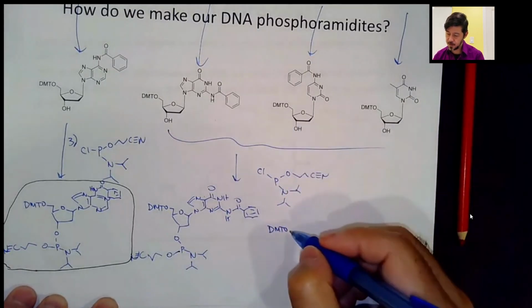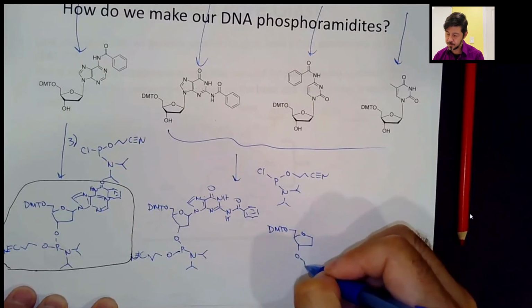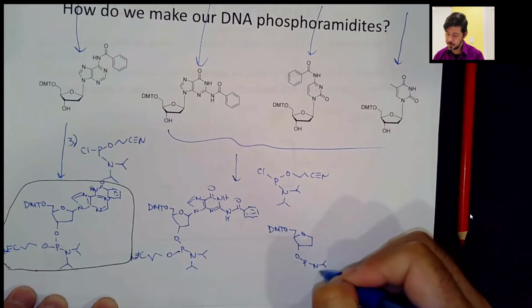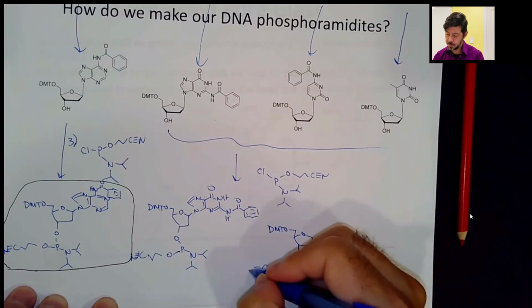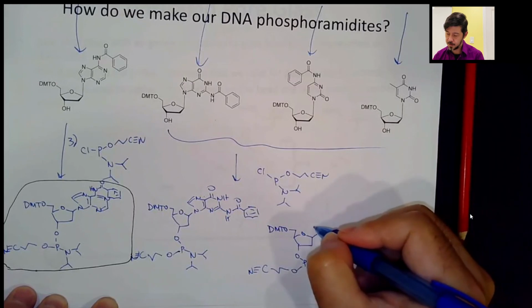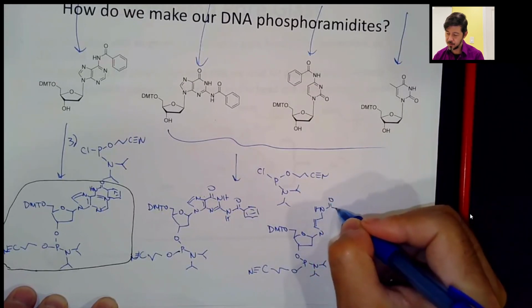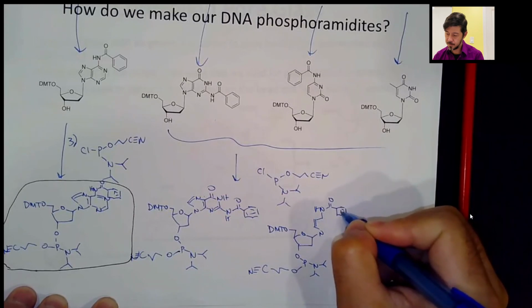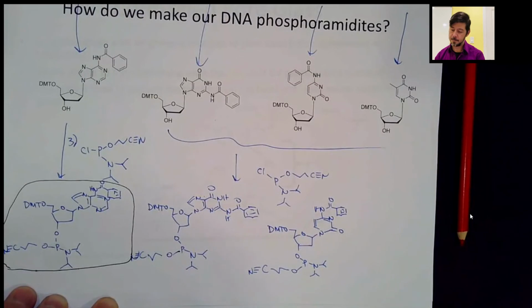Okay, for the next one, the cytidine. Here's our phosphoramidite. And then we'll take the cytidine and add that benzoyl group, like that.